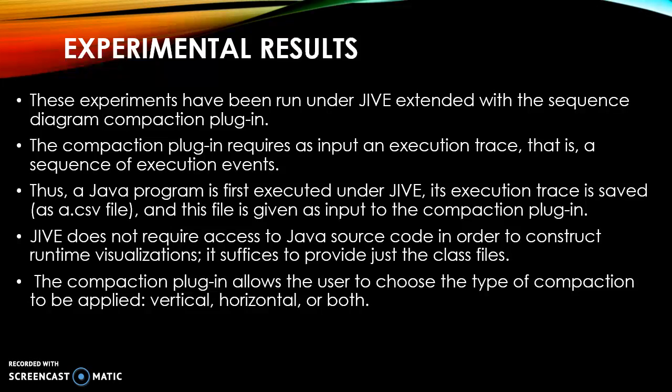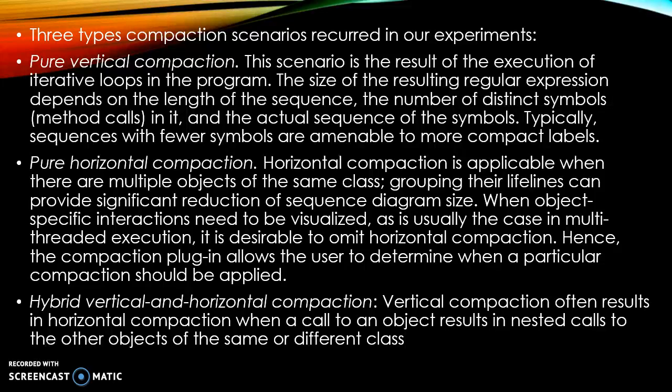The compaction plugin allows the user to choose the type of compaction to be applied: vertical, horizontal, or both. Three types of compaction scenarios recurred in our experiments: pure vertical compaction, pure horizontal compaction, and hybrid vertical and horizontal compaction.